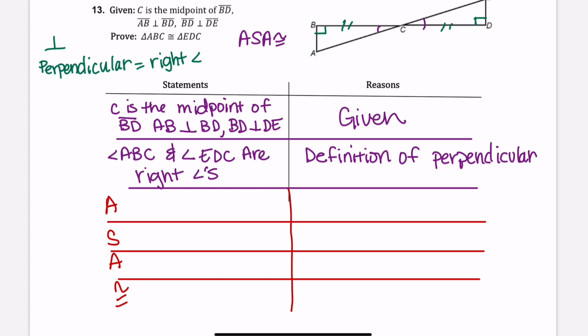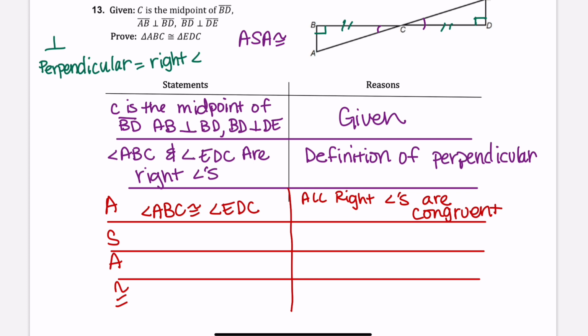Okay, so we know that ABC and EDC are right angles and all right angles are congruent. So angle ABC has to be congruent to angle EDC because they are both right angles and all right angles are congruent.